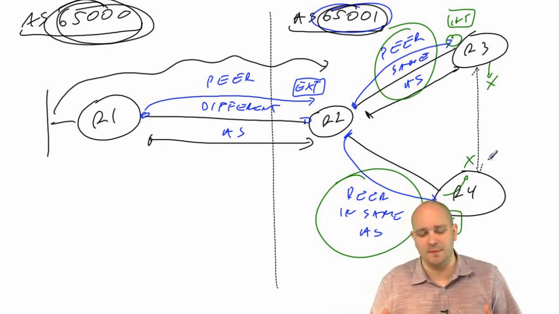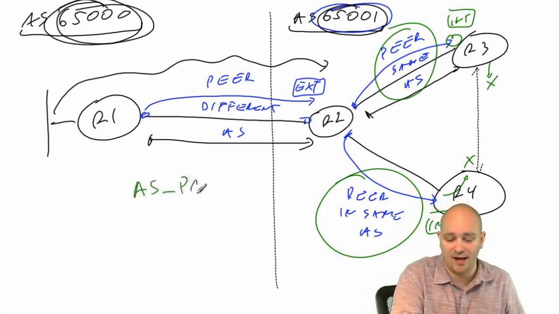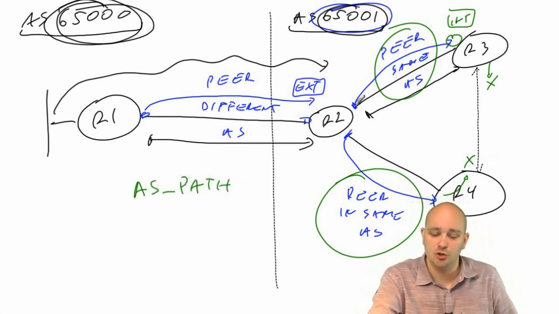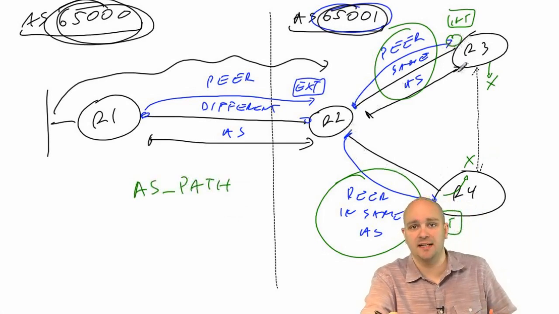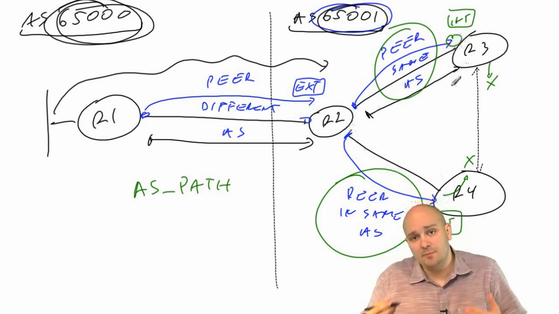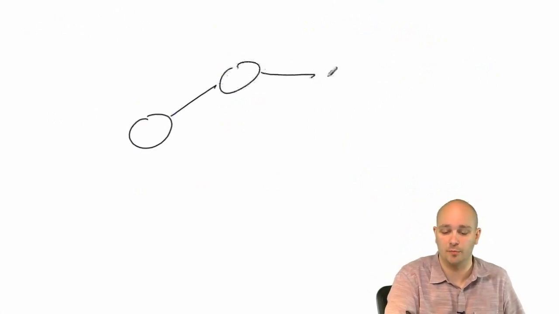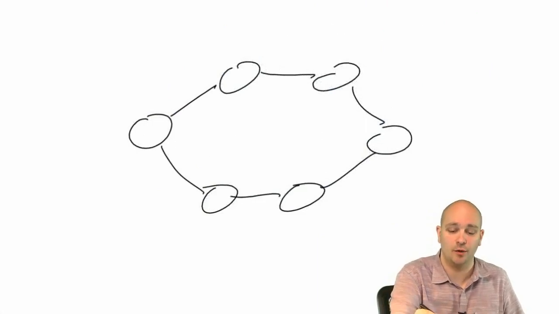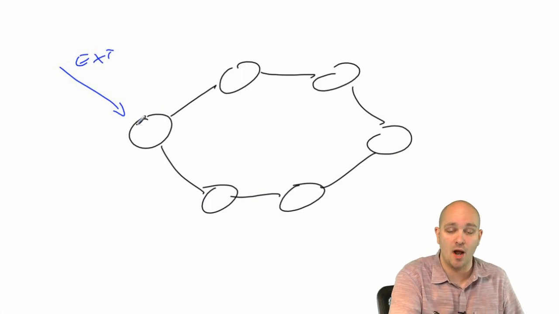And the reason why this happens is that the AS path attribute that is updated when the route is advertised between the autonomous systems is actually not modified inside the AS. And if it's not modified inside the AS, that means that it cannot be used for loop prevention. So what we could have is a situation inside an autonomous system where we could have the route that was, say, externally learned by one router here.